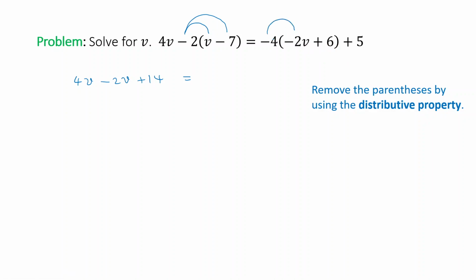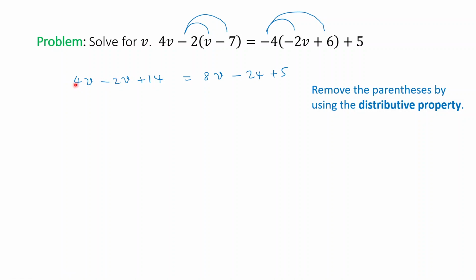Multiply this and this. Negative 4 times negative 2v is positive 8v. Now this and this. Negative 4 times 6, negative 24. Negative 4 times positive 6 is negative 24. Then plus 5.